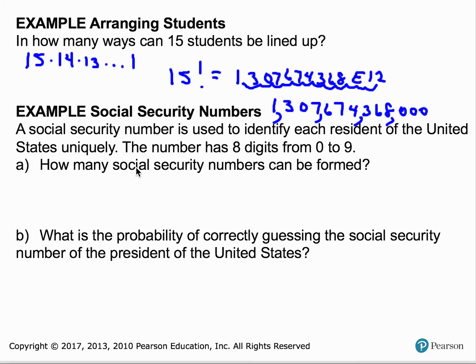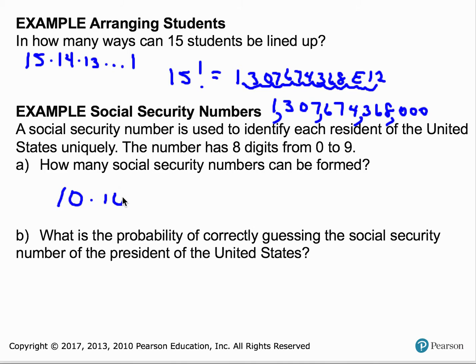Okay, but I can't use my factorial because the numbers aren't, it's 8 digits, it's not 8 times 9. I can use any number from 0 to 9, so that's 10 options on the first number. And then on the second one, because someone's Social Security number can be 555 734 2218, right? I could use them multiple times.